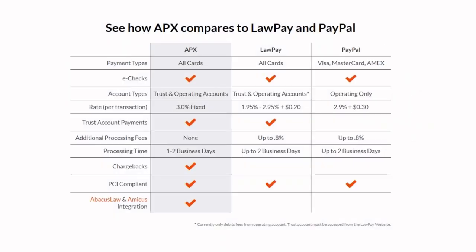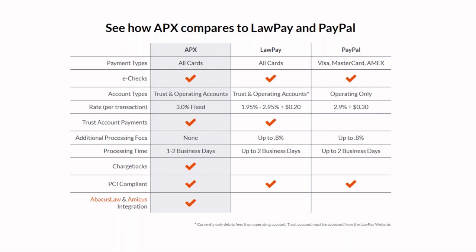But what I also want to talk about is what sets APX apart. So there's other credit card payment processors out there, and again, what I want to stress here is that this is really straightforward in terms of pricing. Some of our competitors have a low advertised rate, for instance, but when you calculate all of their additional fees that are on top of that, like a cancellation fee, security fee, PCI compliance fee, they really add up.